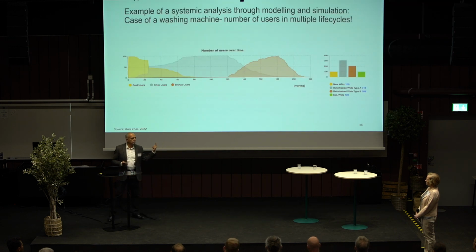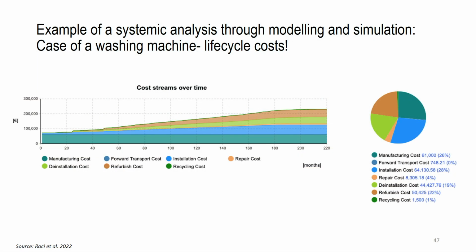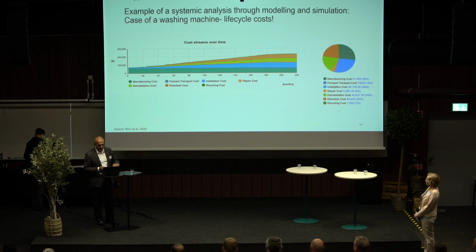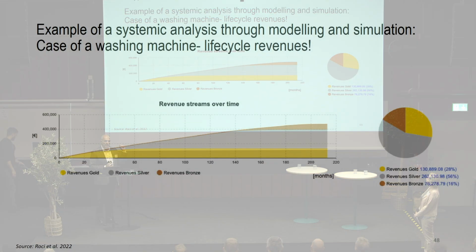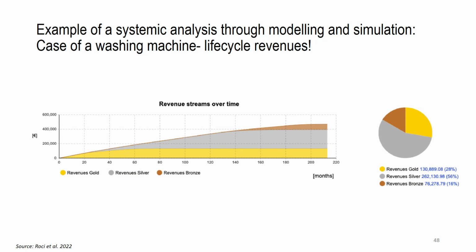And if we go into the details of this system, we can, of course, do a lot of analysis on that. You can look at, for example, the cost streams over time. Let me run fast. So life cycle costs, we can look at the life cycle revenues, and it's important. In circular economy, you will have to think about life cycle revenues, right?